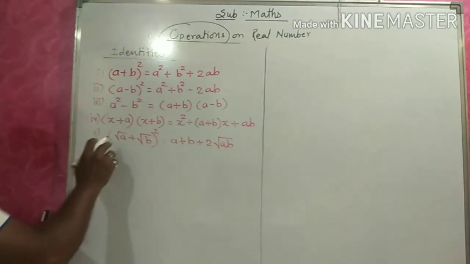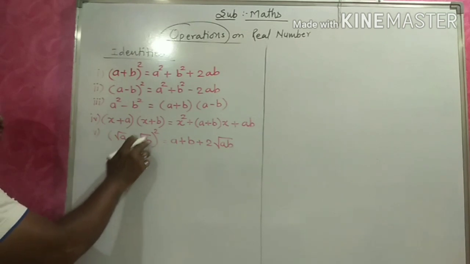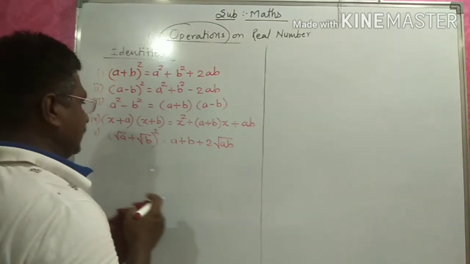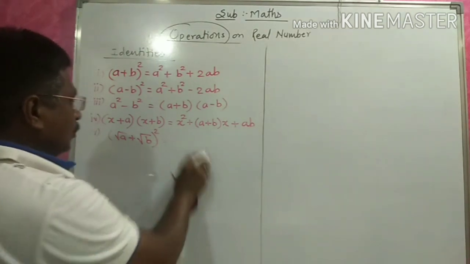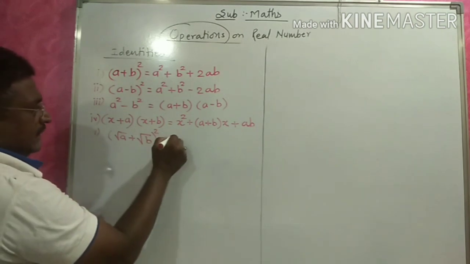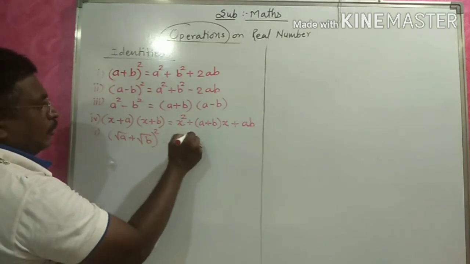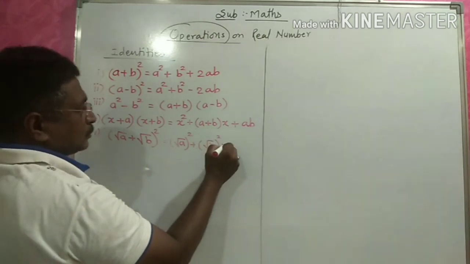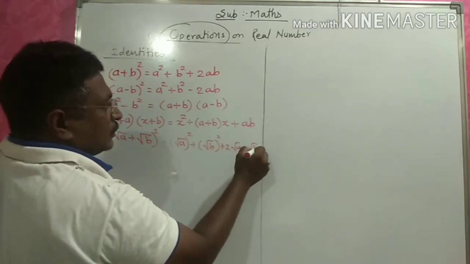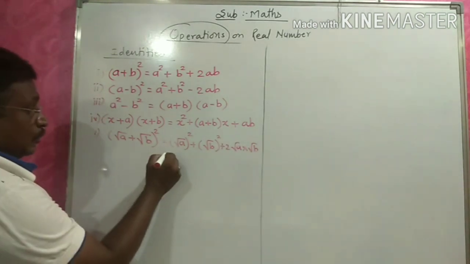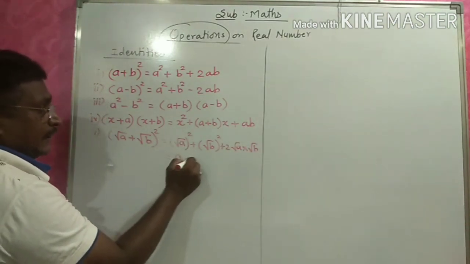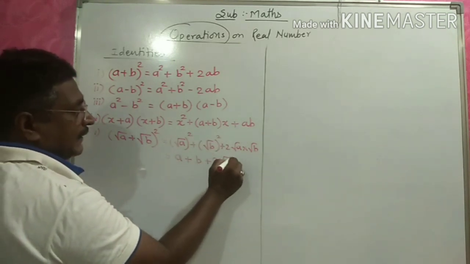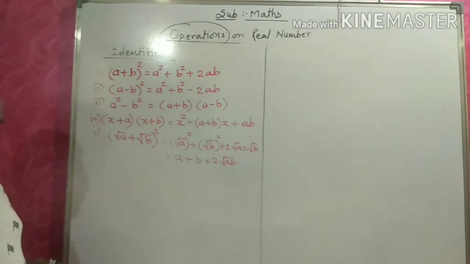How? I will explain how to do this. According to the identity, root A whole square plus root B whole square plus 2 into root A into root B. Root A square means A, root B square means B, plus 2 root AB. So this is the identity.